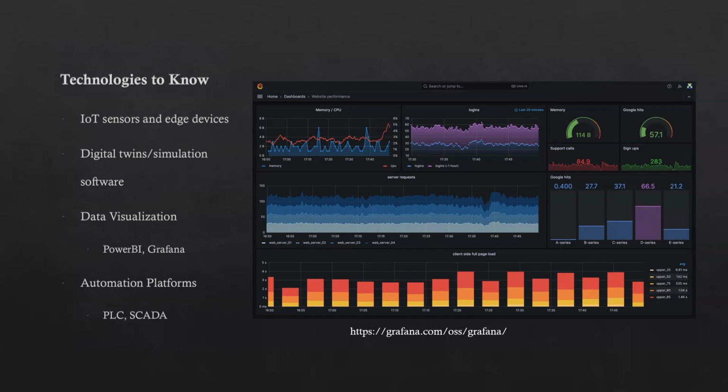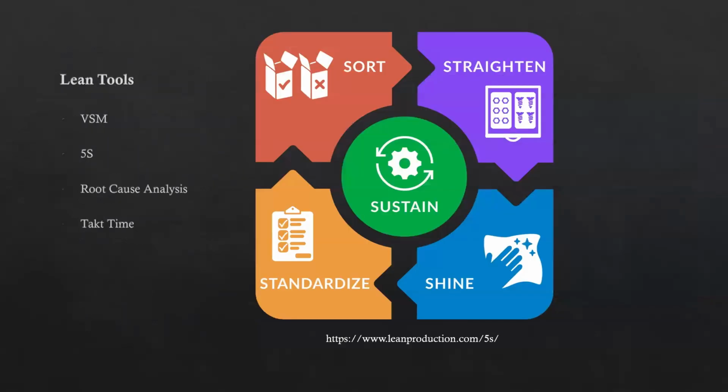You see what they're doing to your data, it's great. Another example of these is Power BI or Tableau. They're good, but not as great as Grafana, in my opinion. And then we use some automation platforms, PLC and SCADA. But I believe that there's so much power in the data visualization, and that is particularly my favorite.